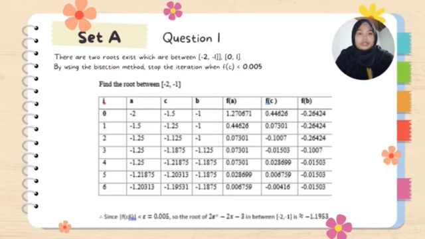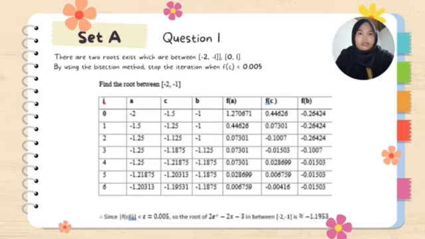We can see in the table there are 7 columns, which are column i, column a, column c, column b, column f(a), column f(c), and column f(b). We stop the iteration at i equals 6 because f(c) equals -0.00416, which satisfies the stopping criterion of less than 0.005.